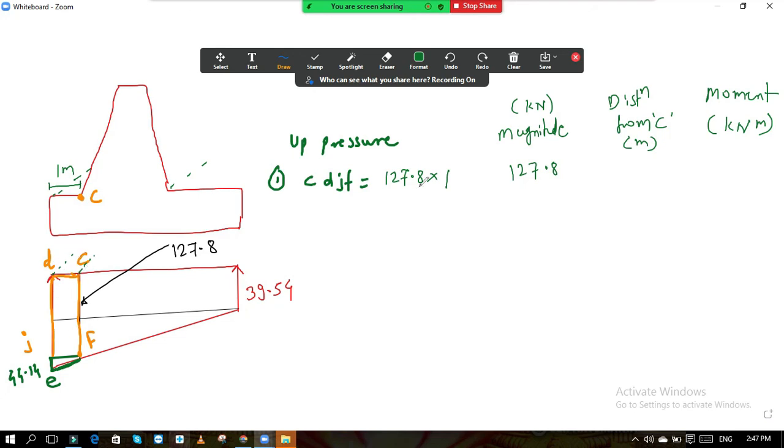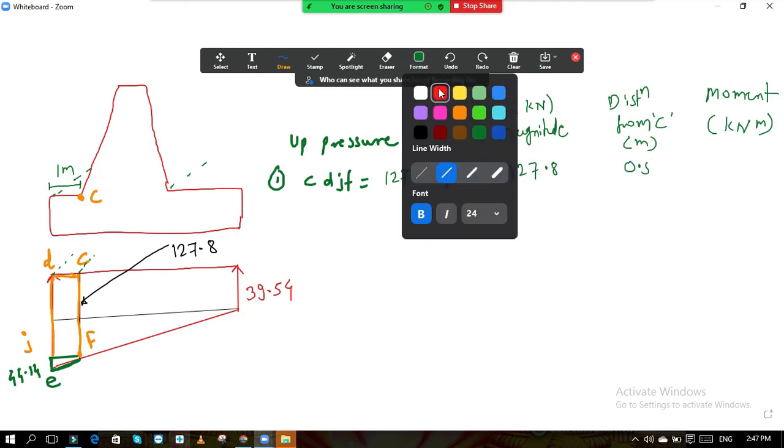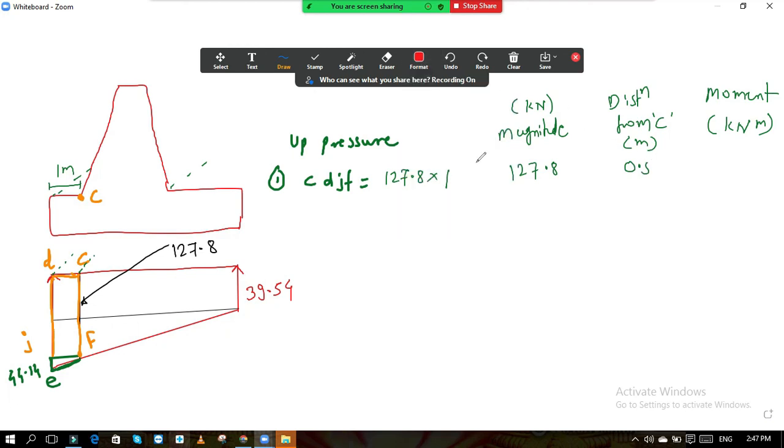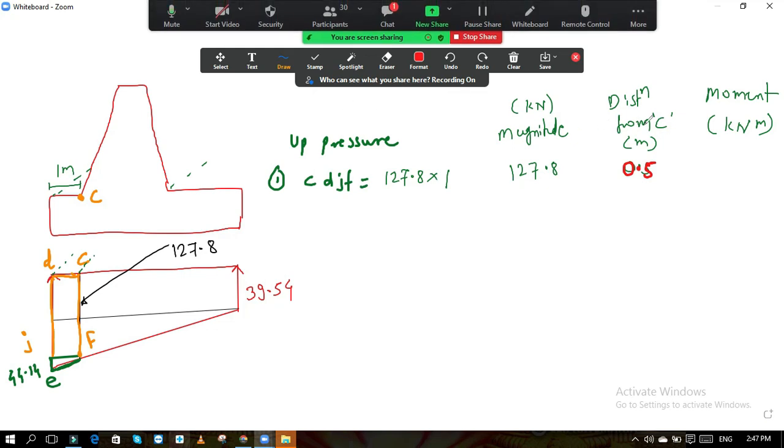This is rectangle, this is 1 meter, so this is 0.5. This is 0.5 is the distance. So what is the moment? Calculate the moment. 127.8 into 0.5, 63.9.